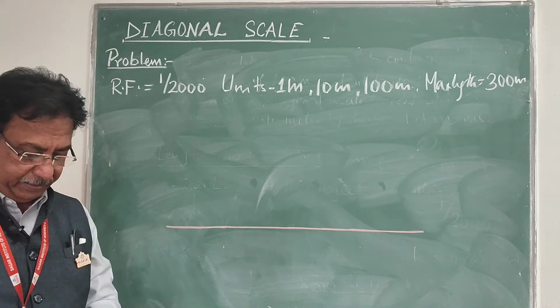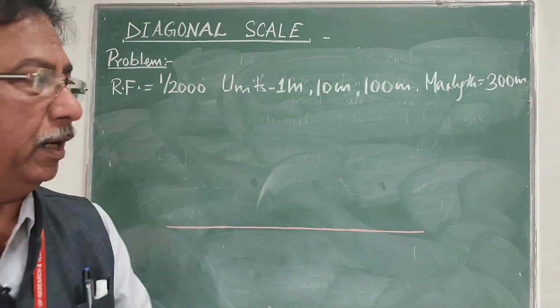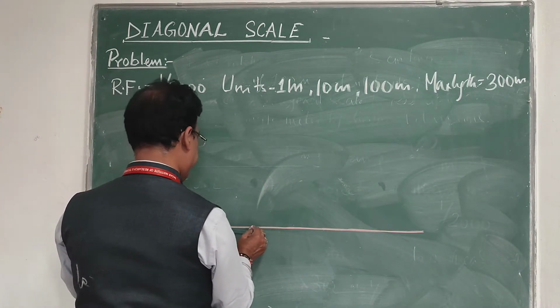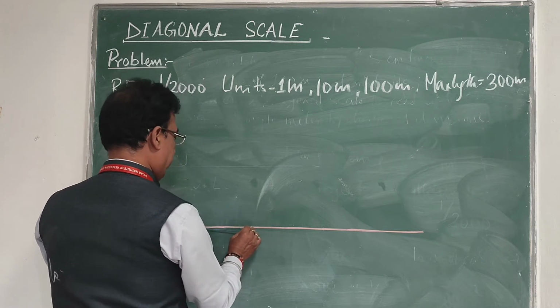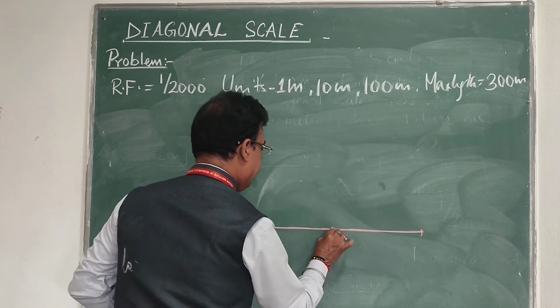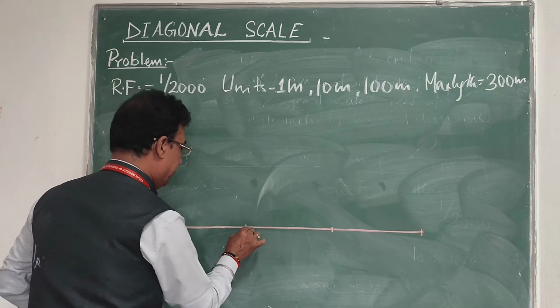So if I divide that 300 meter into 3 parts, then one part will represent a distance of 100 meter. So I have directly divided this line into 3 parts.